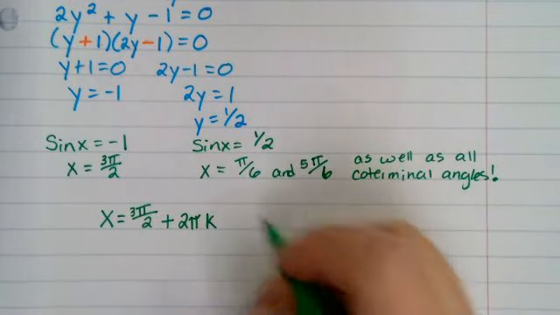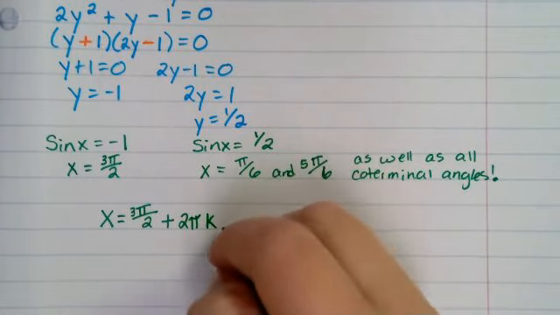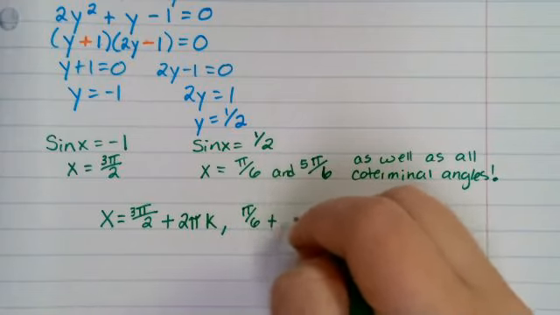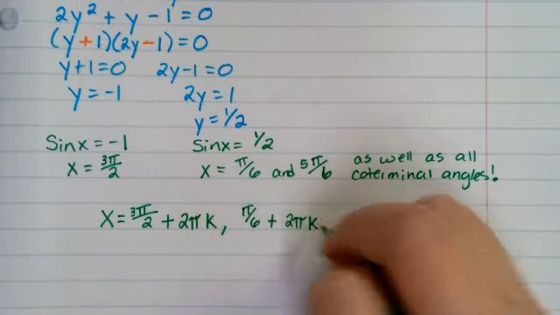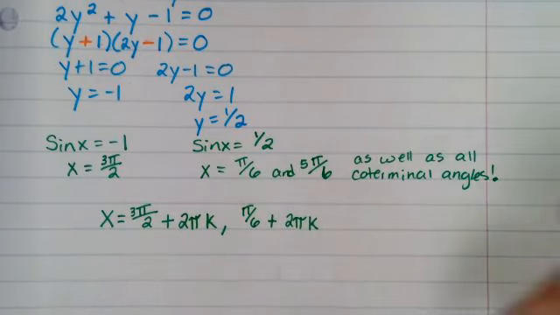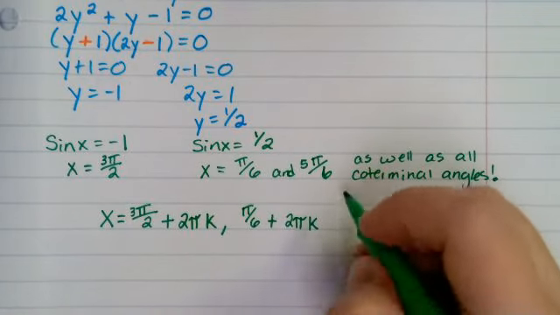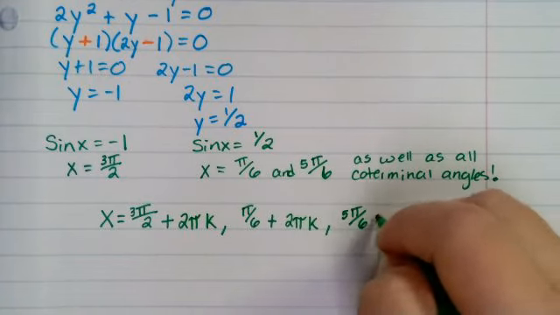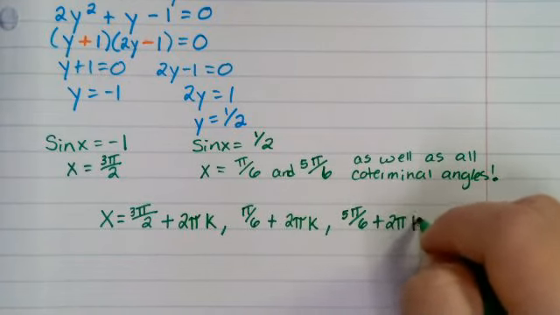So that's one solution. Let's deal with these. Also pi over 6 plus, again, 2 pi k, because every time you go around that circle, you're getting that coterminal angle. Then we're going to have one more, 5 pi over 6 plus 2 pi k.